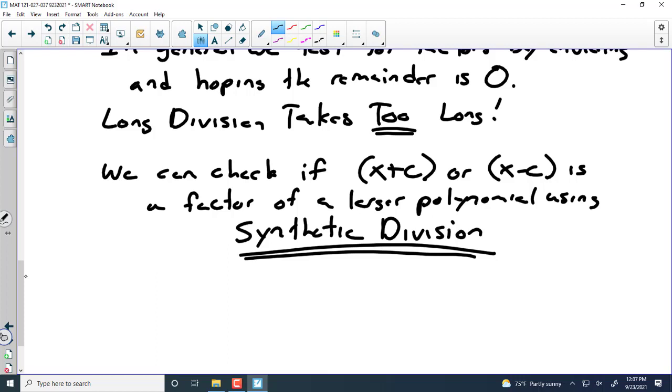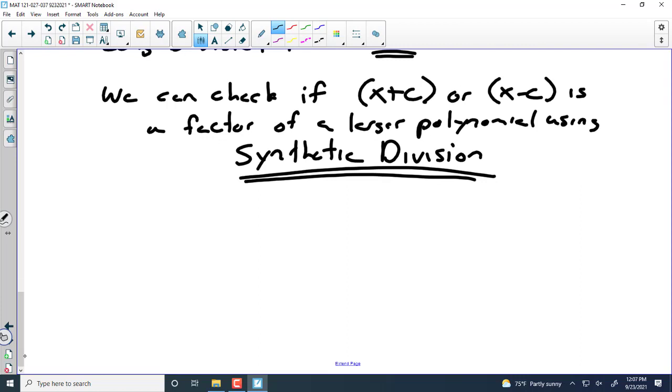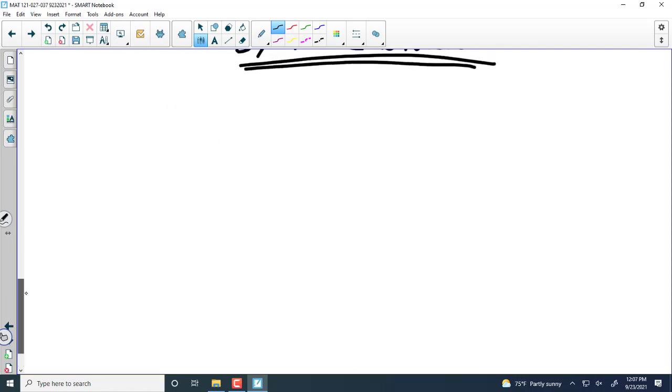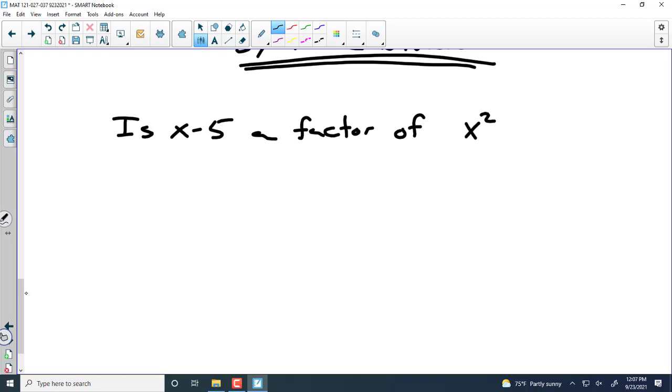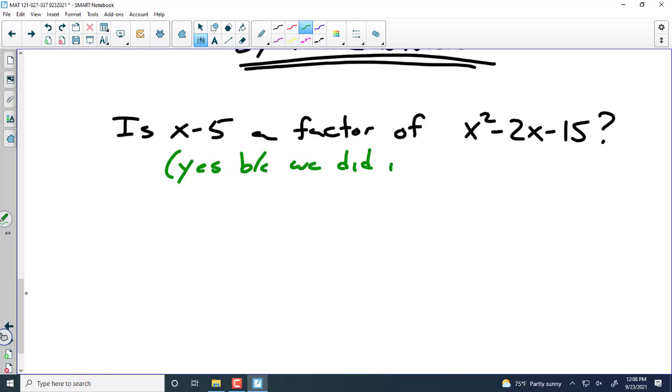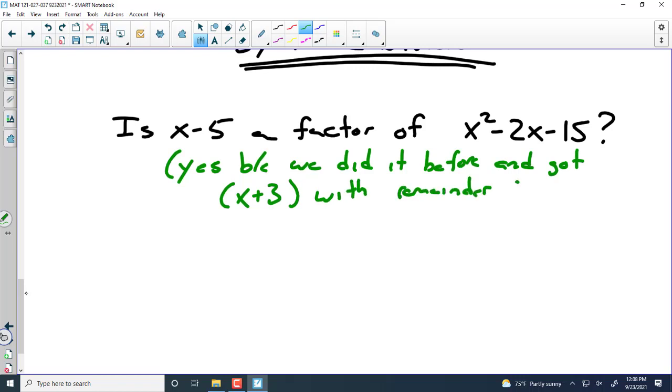I'm going to show you how it works right now. Now, the question I'm going to ask is: is x minus 5 a factor of x squared minus 2x minus 15?